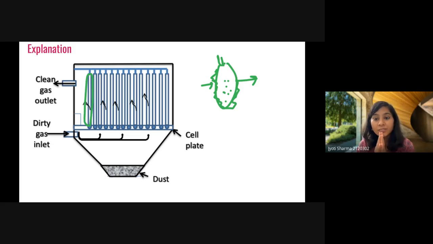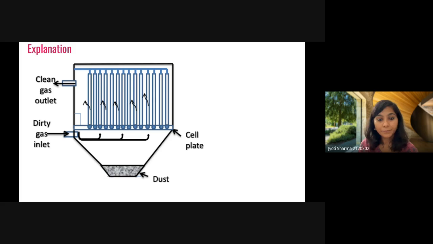This is also known as the bag house filter. This is how we can collect a lot of particulate matter into such bags made up of fabric. And because we are installing thousands of such bags, the efficiency is very high.